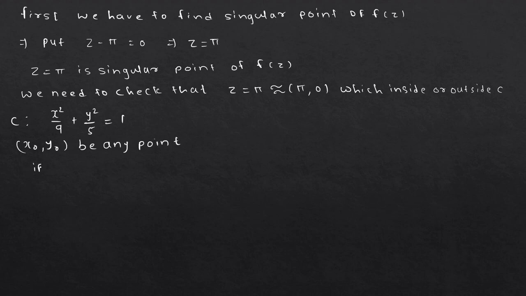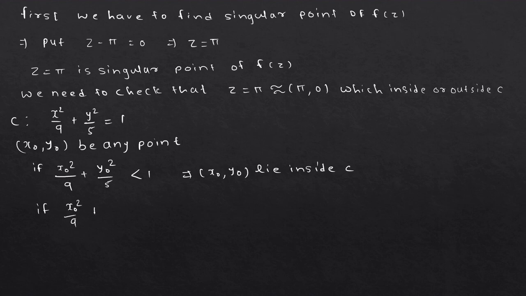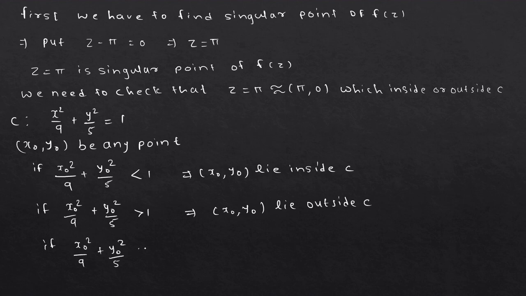Now, if x0 square upon 9 plus y0 square upon 5 is less than 1, this implies x0, y0 lies inside C. If it is greater than 1, then x0 comma y0 lies outside C. And if it is equal to 1, this implies x0, y0 lies on C.